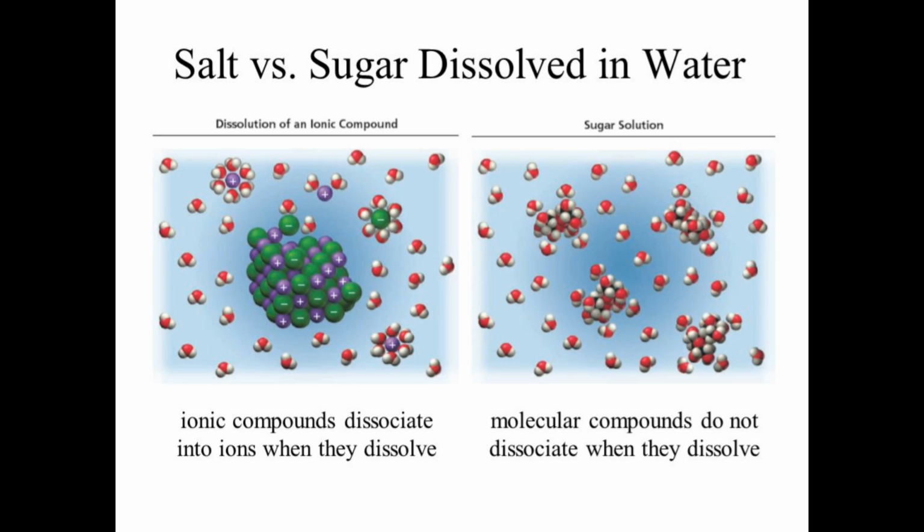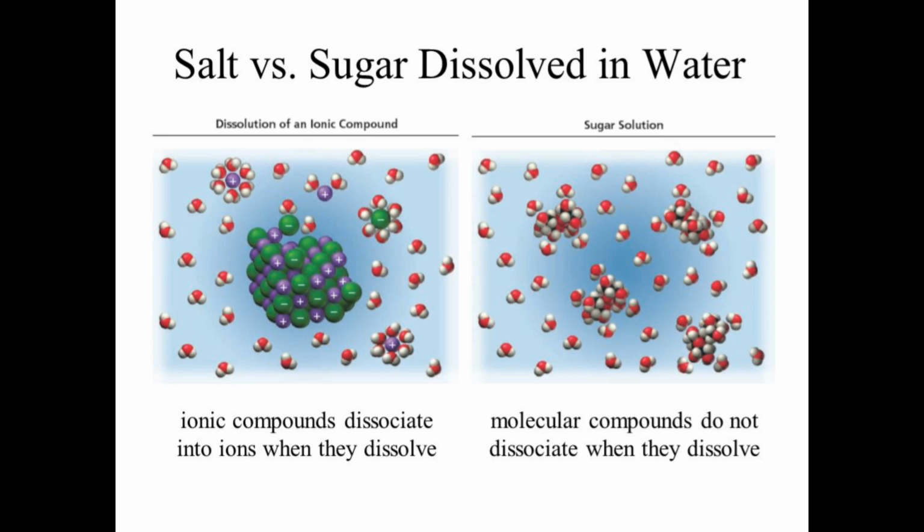Salt is ionic because it contains ionic compounds. So, because sugar is a molecular compound, it does not dissociate when it dissolves. For salt, because it is an ionic compound, it dissociates into ions. Hence, it can conduct electricity.